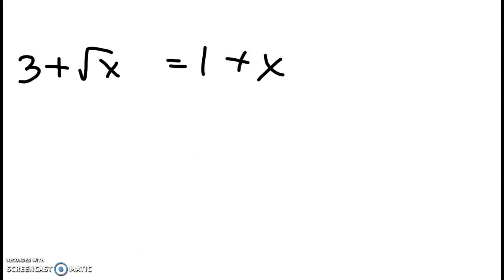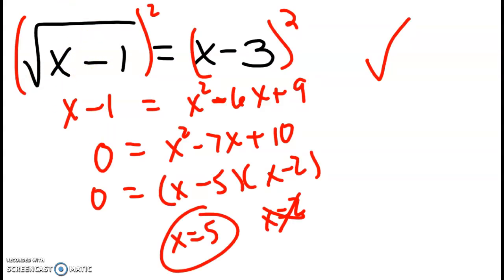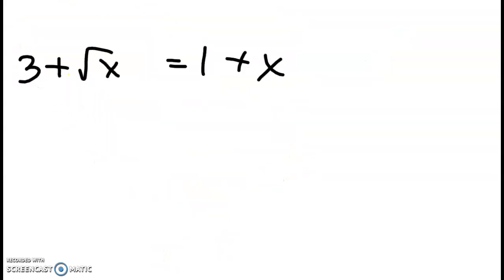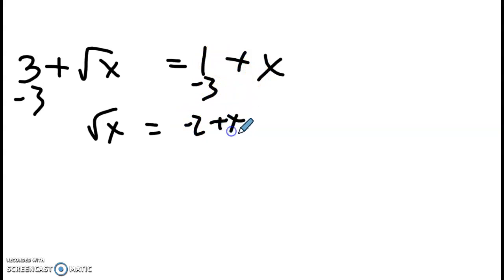Okay, now, whenever I have a square root, I do try to isolate that, so it's just by itself. A little strategy that might help. Before I even try this, I'm going to write square root of x. 1 minus 3 is negative 2 equals negative 2 plus x, and that's awkward to me as well.